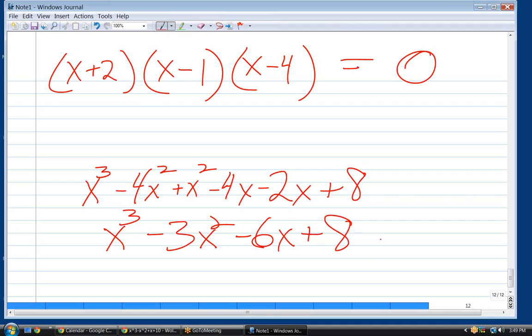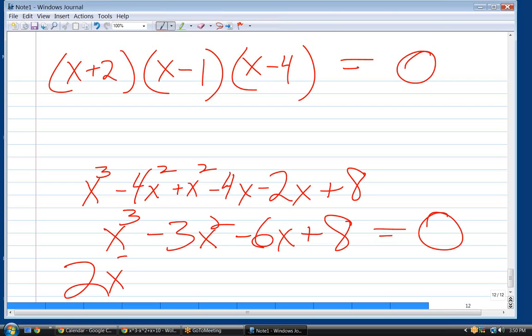Okay. So there's our polynomial, but what's missing? Because they said we need a polynomial with a coefficient of 2 on the highest degree term. Then we should have multiplied everything by 2. Notice what happens.